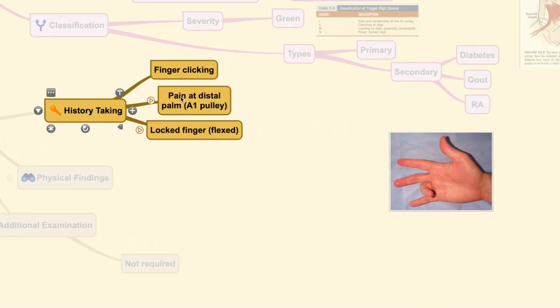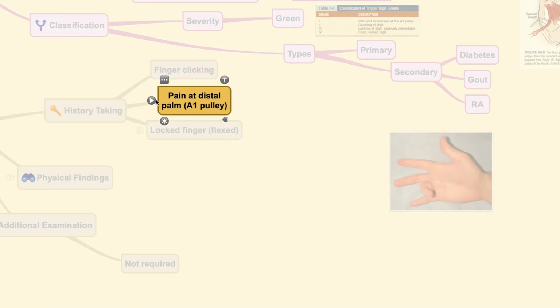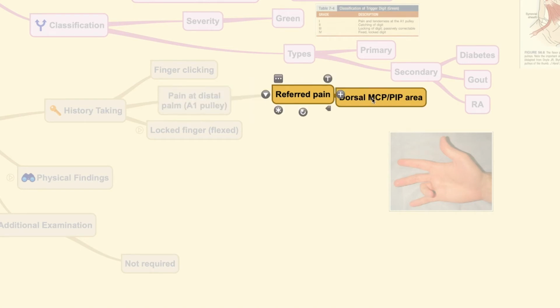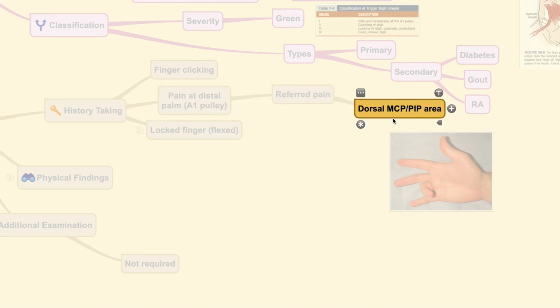There could also be pain around the distal palm region or directly over the A1 pulley, but sometimes you must be cautious when asking patients because there may be referred pain. The referred pain itself may show itself along the dorsal MCP, or dorsal metacarpophalangeal, or the dorsal proximal interphalangeal area.